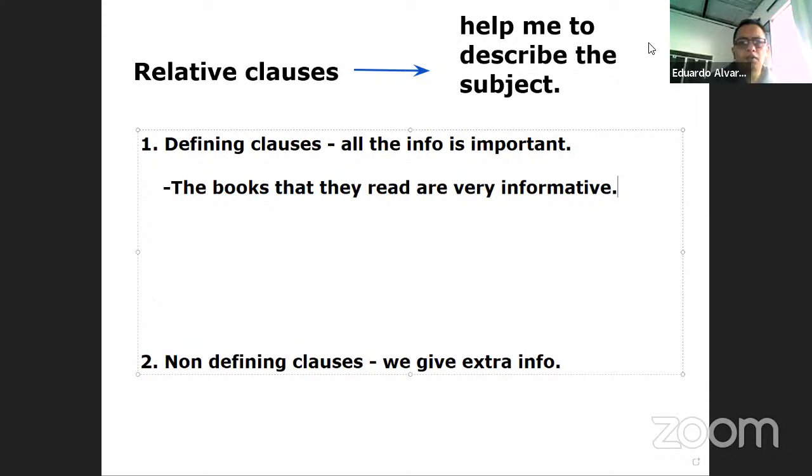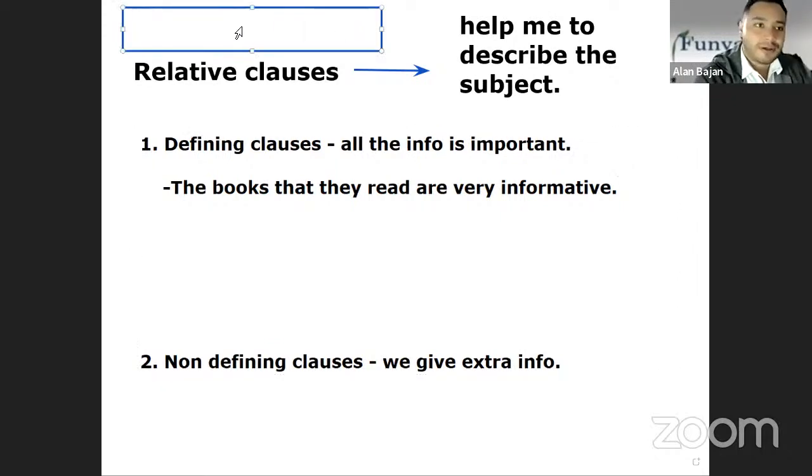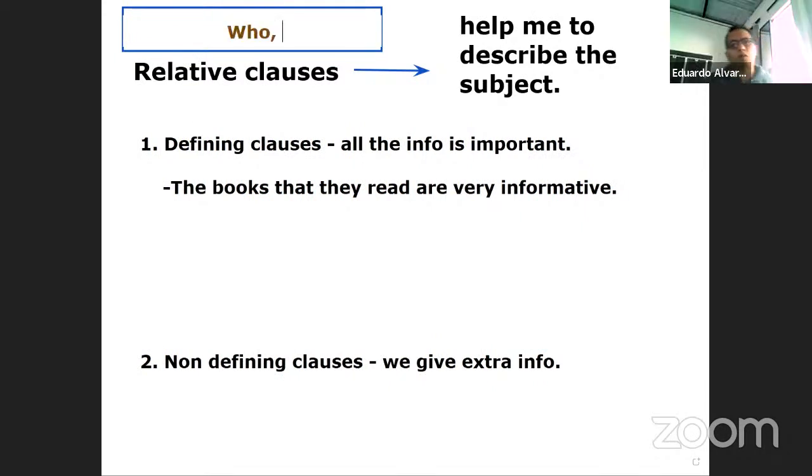They, teacher? That's a pronoun, but it's not the relative pronoun. Oh. The relative pronoun is that. That, okay. Let's see about the relative pronouns here. What are the relative pronouns? We have who. What else?